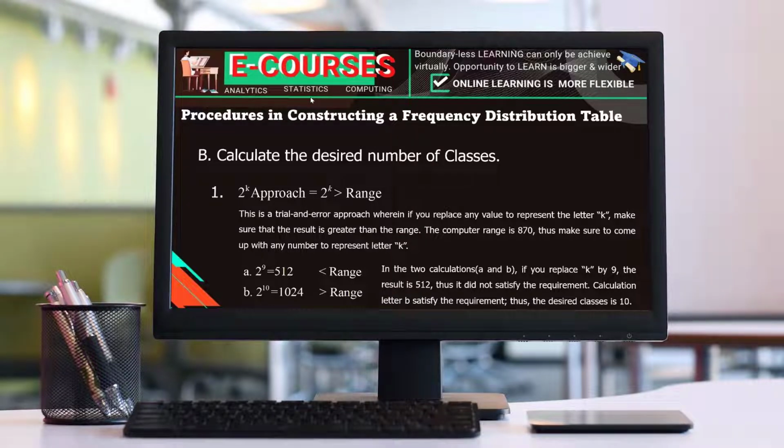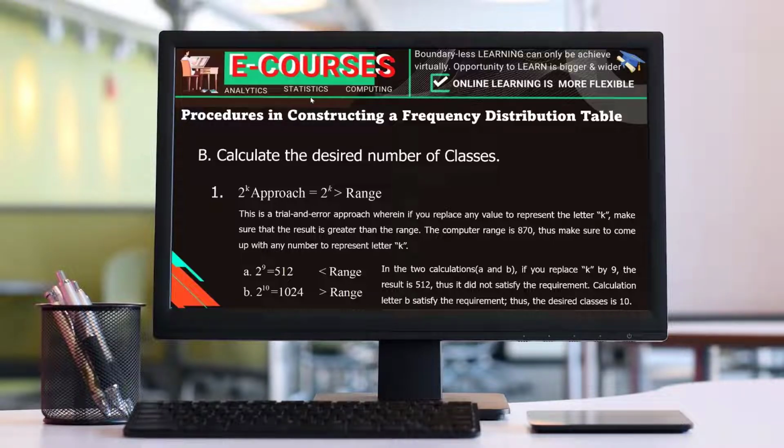So let's try replacing k by 9 and by 10. If we replace k by 9, the result would be 512, which is less than the range, so we are not able to satisfy the requirement. If we replace k by 10, the result is 1024, which is higher than the range.